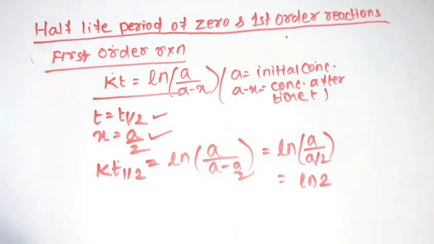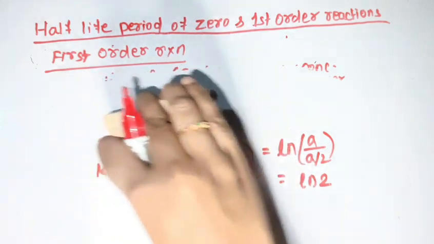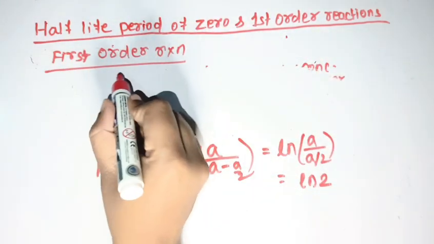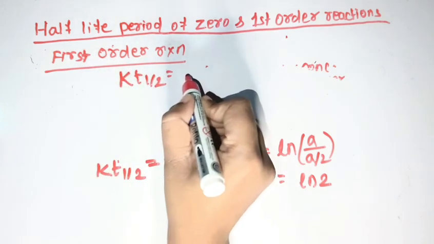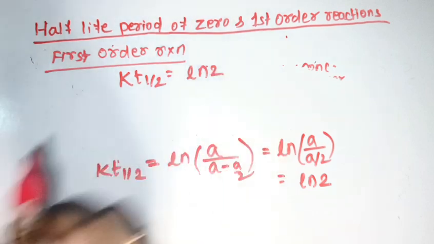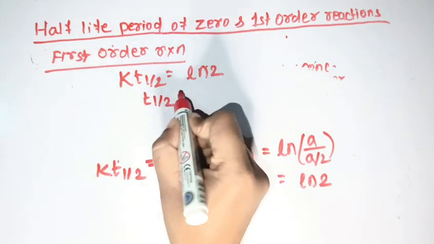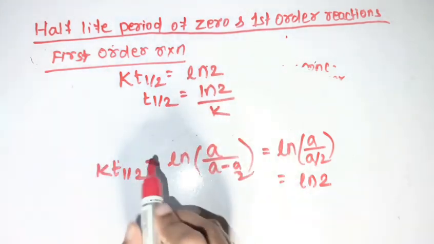Now what we will do is, we will write it as k t half = ln 2. So t half will be ln 2 by k.